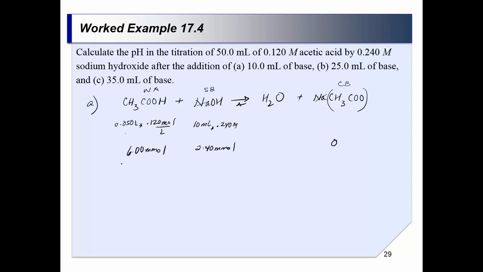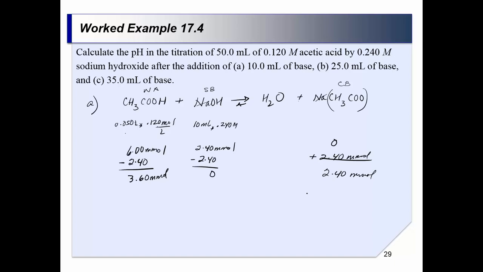So I'm going to remove 2.40 millimoles of my weak acid, and I will add my 2.40 millimoles to my conjugate base. So I end up having 3.60 millimoles of weak acid, no hydroxide left to speak of, but I do have 2.40 millimoles of my acetate.